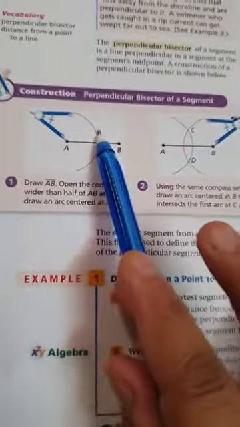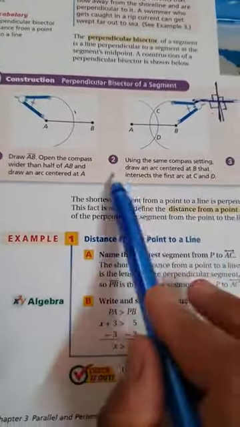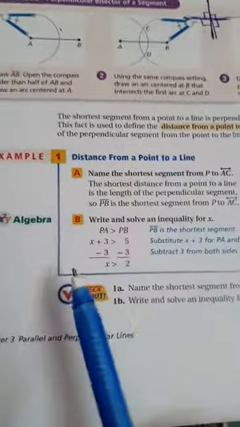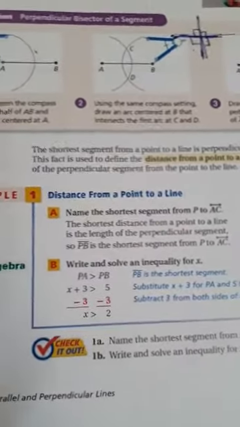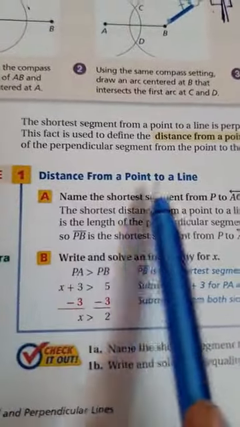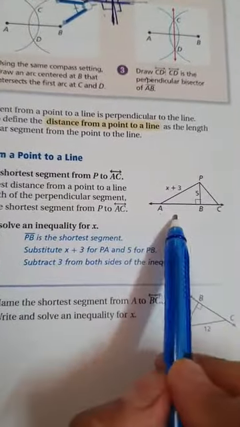I'm not reading all of this because once you read it you will know what to do, and I don't want to waste time reading this out. So let me go directly to example 1, which is more similar to the questions given in the book. Here, distance from a point to a line. This is the picture given to you. Before I read the question, let me quickly explain this picture.